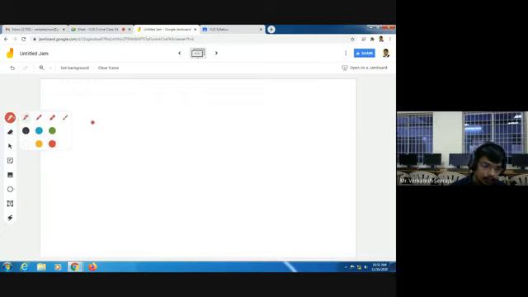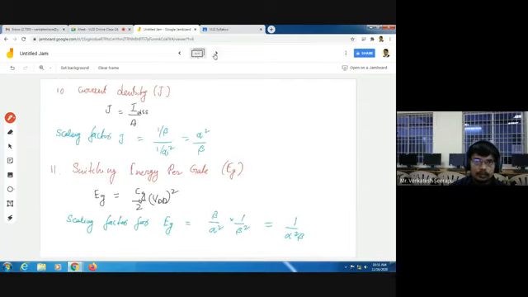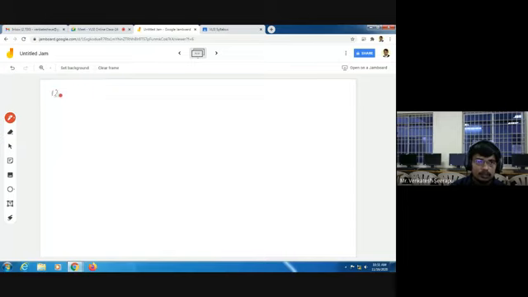Next one is power dissipation per gate. PG, power dissipation per gate, is PGS plus PGD.